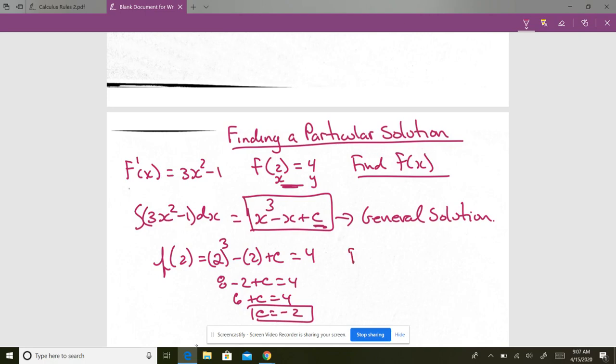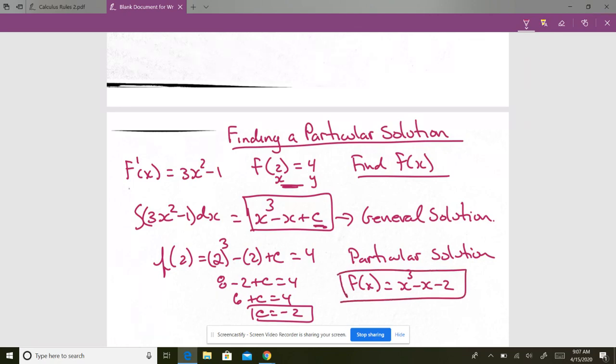So the particular solution is x cubed minus x minus 2. And that is your final answer.